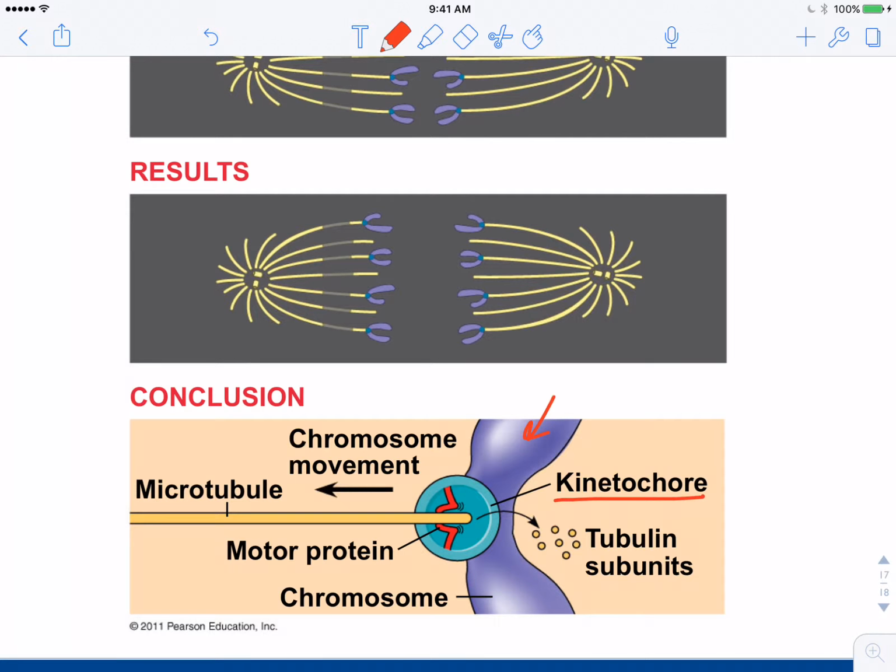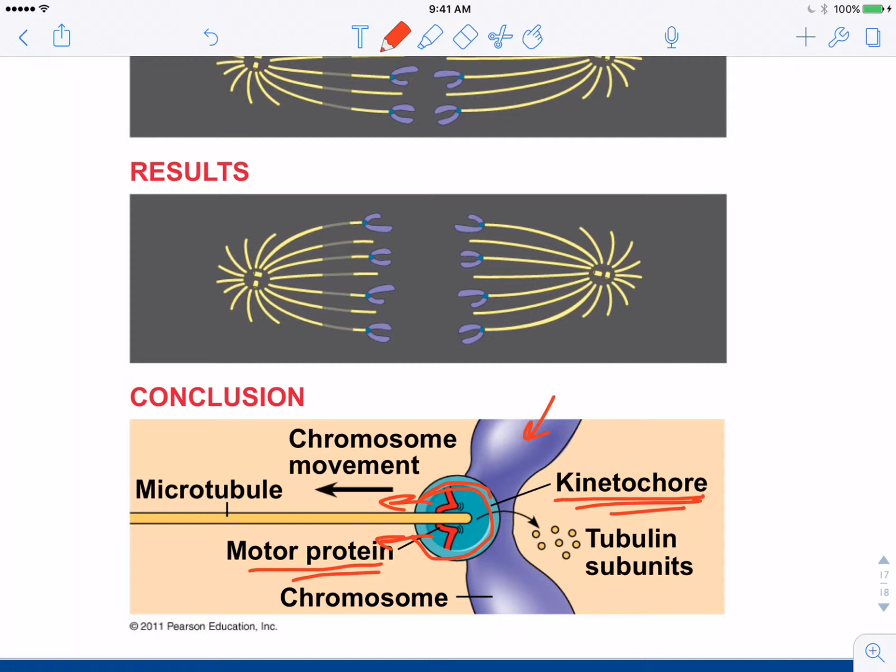Here's my kinetochore, which is right here, this complex. And you'll see there are little motor proteins. This is like the guy who's walking along the microtubule in the Cell video, my favorite guy. He's a motor protein, and the same motor proteins are present in the kinetochore. And they walk the chromosome down the microtubule.